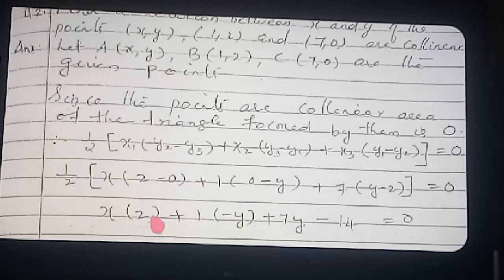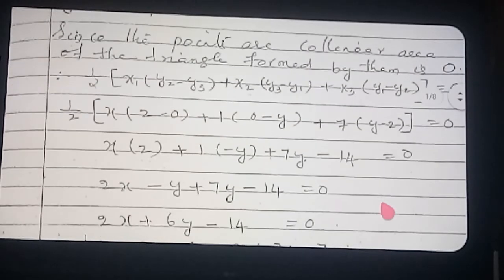Now you just simplify them, you will get the answer. The half will cancel, so x into 2, then 1 into minus y. Open the bracket: 7y minus 14 equal to 0. It is easy, but this type of question is important. 2x minus y plus 7y minus 14 equal to 0.